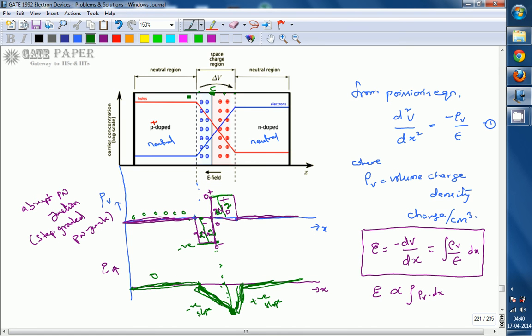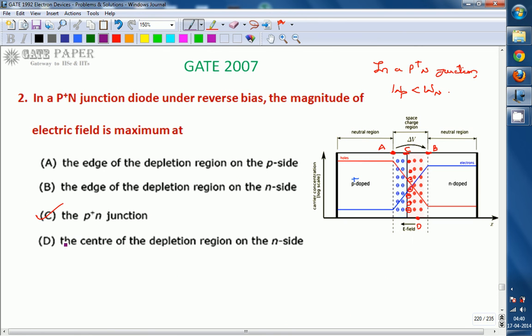So this is where you are getting maximum electric field. So the right option for this question is nothing but C. Okay, C is the right option.